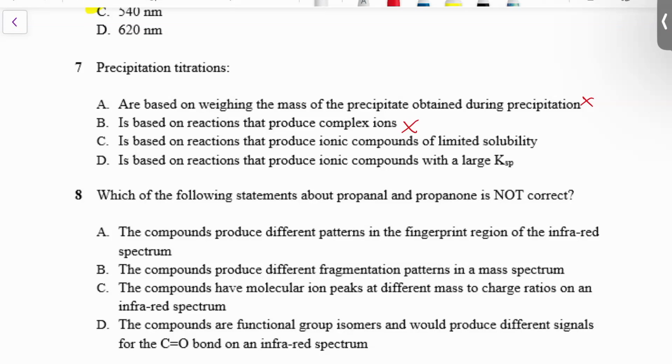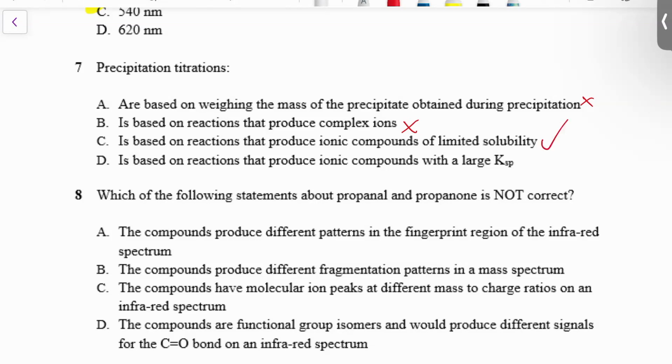So I'll ask you the opposite. Is it based on reactions with ionic compounds that are very soluble? No, because you're trying to form a precipitate in which it's limited solubility. Yeah, so if you say no to very soluble, then vice versa must be true also. It must be yes to limited solubility.